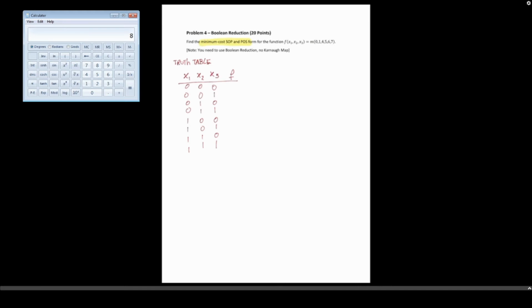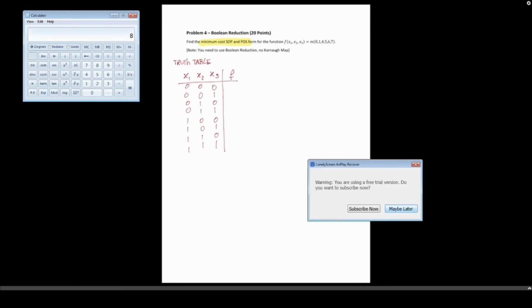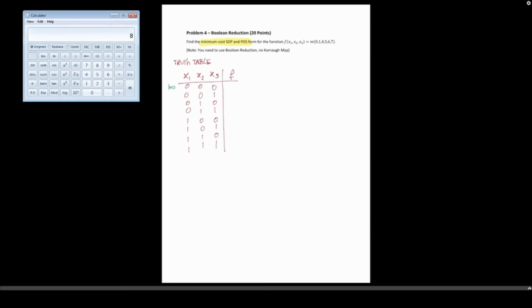Perfect. Okay, now I'm going to write my f, and these are the minterms. These are the positions where I have ones. So I'm going to write here, this is m0, m1, m2, m3, m4, m5, m6, and m7.